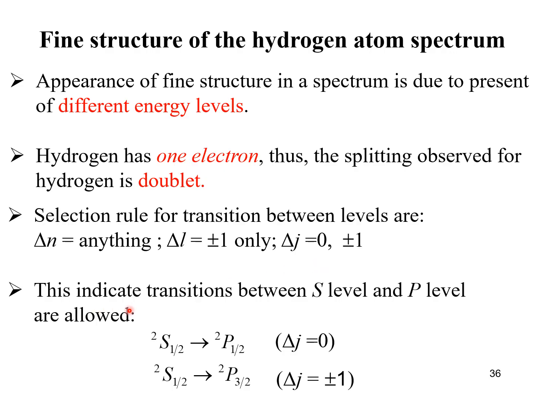So this indicates that the transitions between the S level and P level are allowed. Therefore, the transition from doublet S 1/2 to doublet P 1/2 is allowed with delta J equal to 0, or from doublet S 1/2 to doublet P 3/2 is also allowed with delta J equal to 1 and delta L equal to 1.